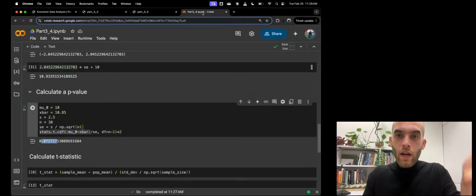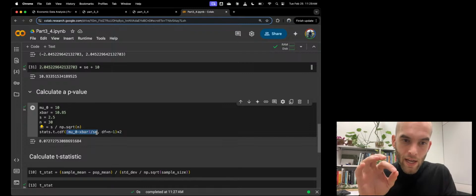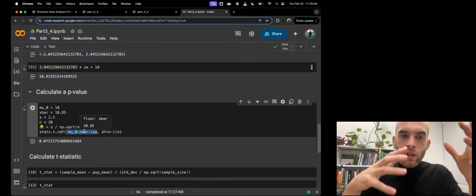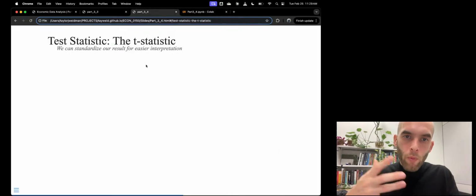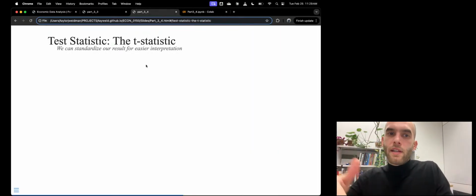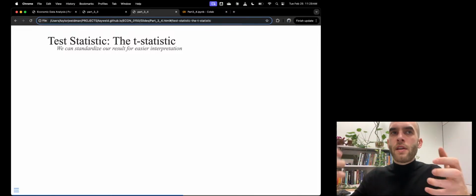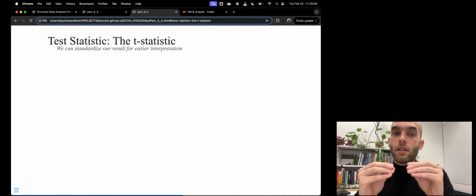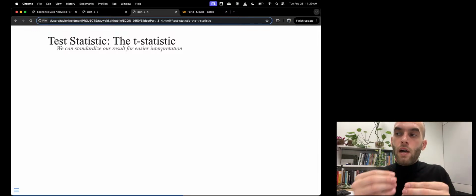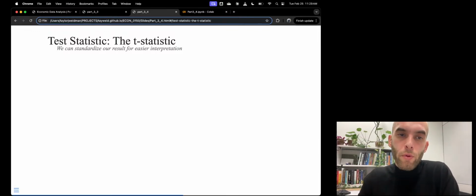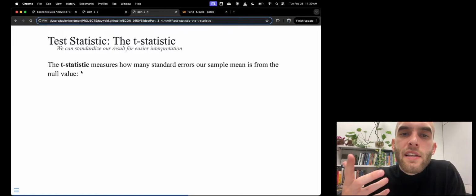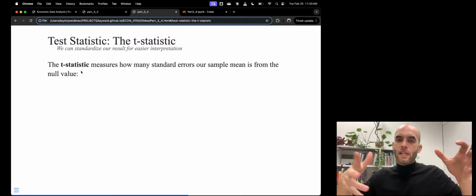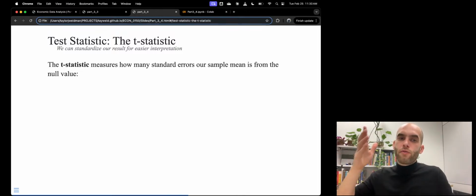But I introduced this thing without actually talking about exactly what it was. We can use this approach, but I want to spend some time talking about what we call t-statistics, which is a way of standardizing our distributions in a way that makes the distribution easier to interpret. What a t-statistic does is it measures how many standard errors the sample mean is from the null value.